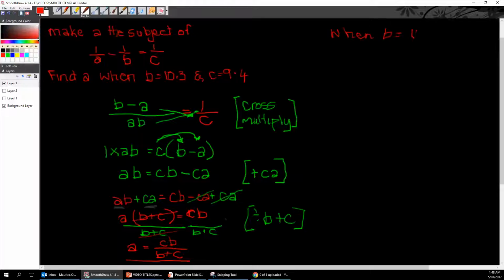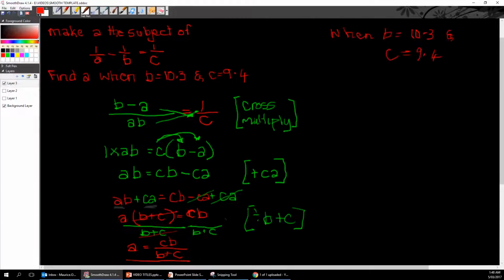I'm right on the edge of my tablet. 10.3 and C. Oh golly. And C equals 9.4.